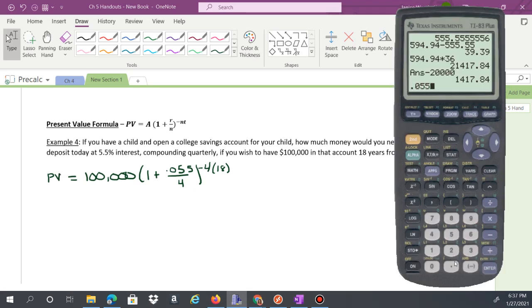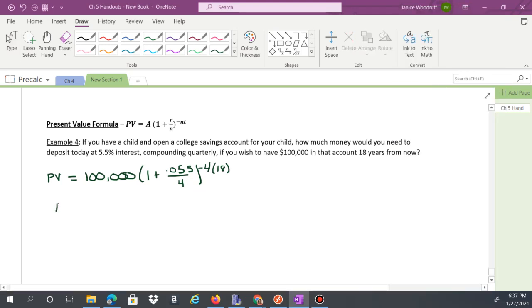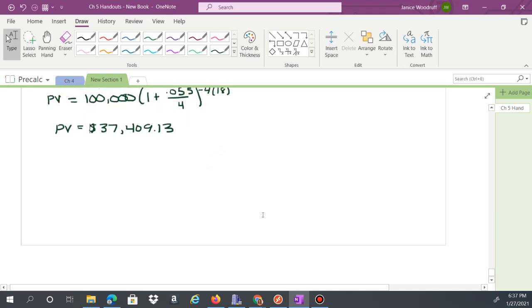So 0.055 divided by 4, then add that to 1, and then raise that to the negative 4 times 18, which is 72, and then times 100,000. So $37,409.13. And that is it for chapter 5.